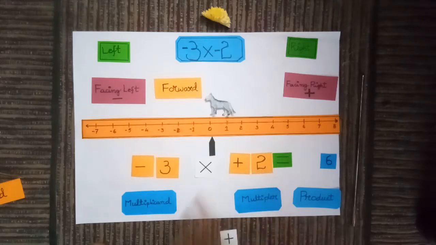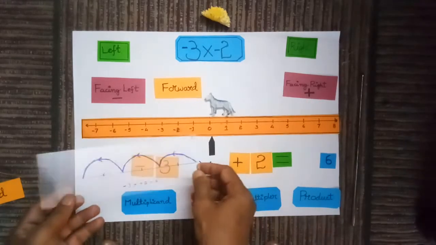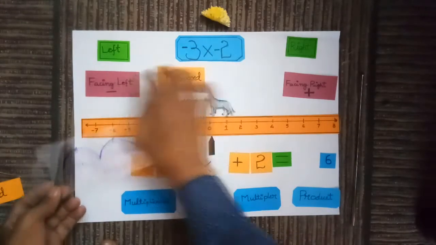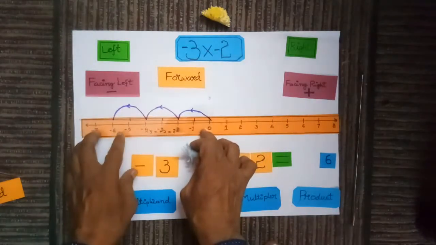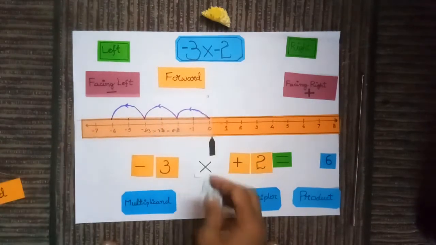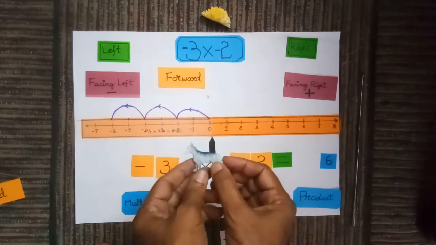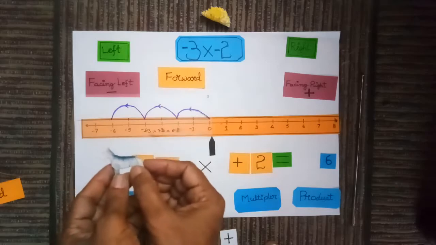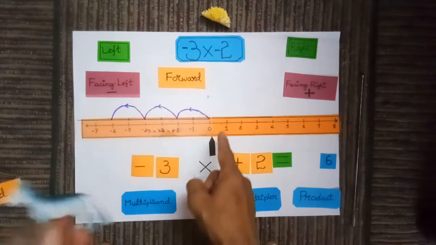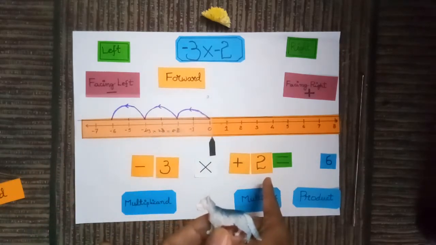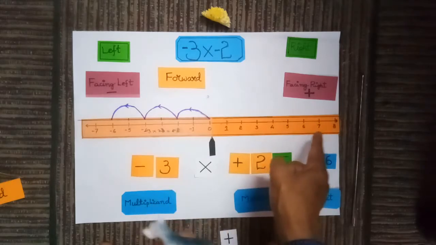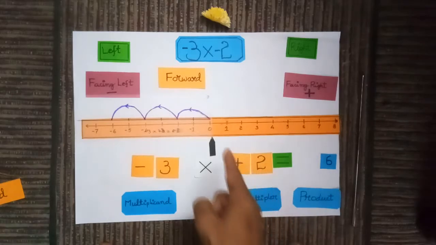So it has to make 2 units. So that can be understood like this. See now, so this is the forward movement. The dog is jumping 1 jump, 2 jump and 3 jump. So in each jump it has to travel a distance of 2 inches. Here the scale in inches has been drawn.